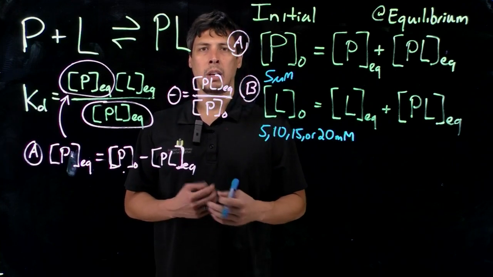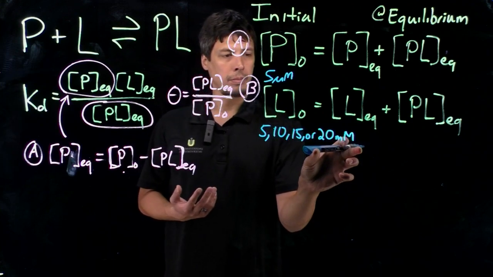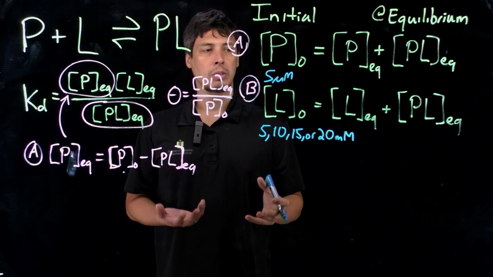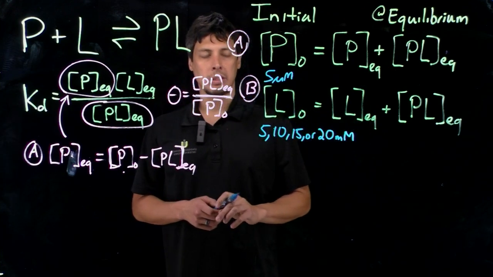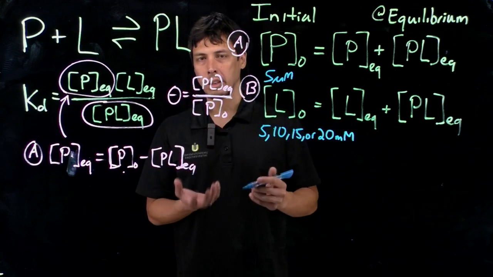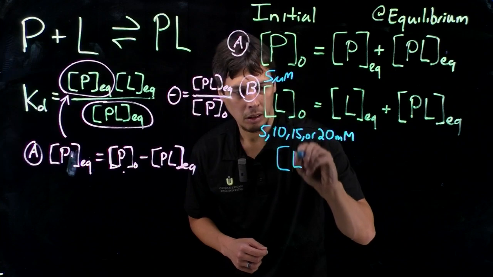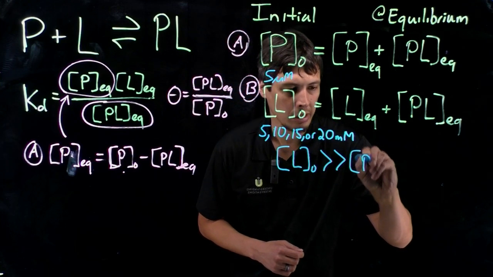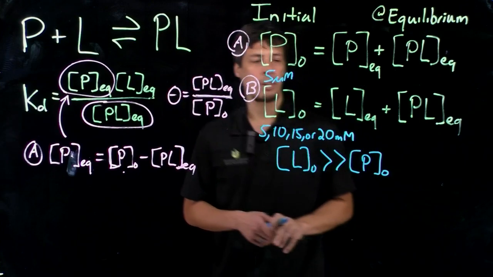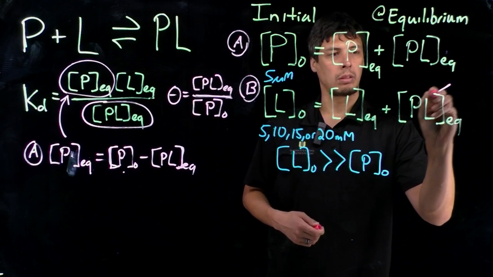And so we assume that the concentration of the ligand doesn't change over the course of the experiment. Starting from the initial to equilibrium, the ligand concentration doesn't change because the protein concentration is so small. So we can say when ligand concentration is much greater than the initial protein concentration, we can actually cross out the term in this ligand.